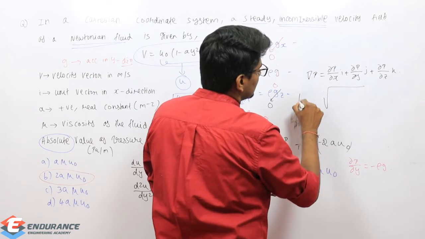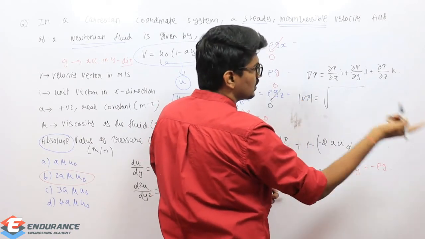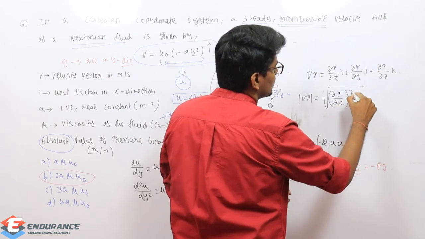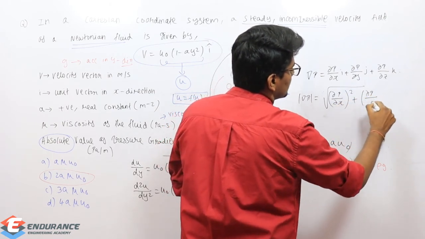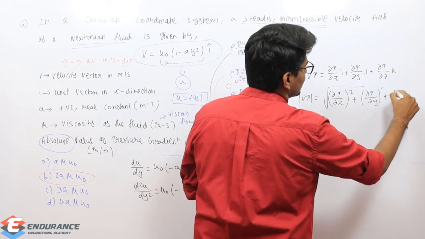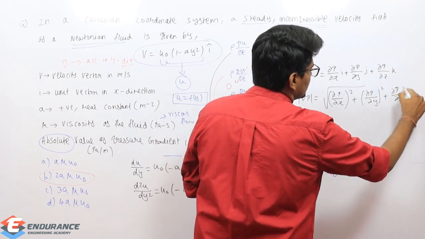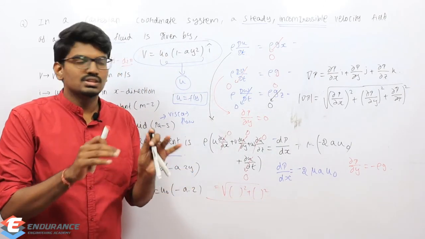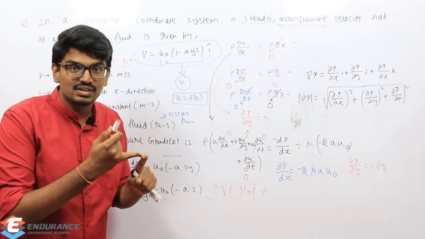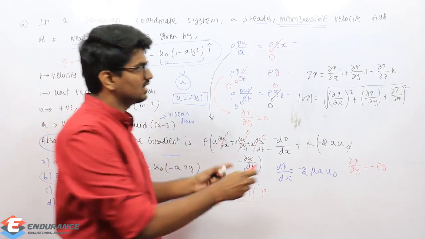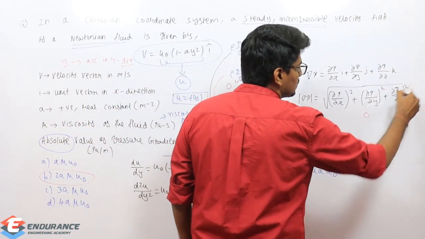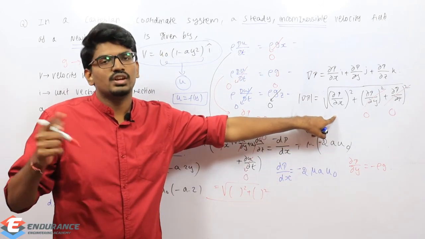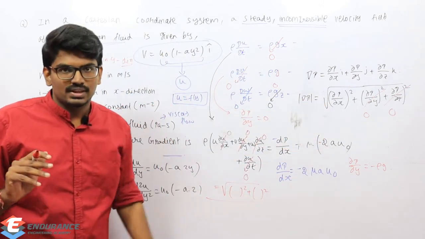Simply, from our basic knowledge of vector algebra, this is not even calculus, dou p by dou x whole square plus dou p by dou y whole square plus dou p by dou z whole square. And in this particular case, they didn't give body force, they didn't give u direction, v direction, w direction velocity. So this has become 0 and this also has become 0. So only we had this. So root of dou p by dou x whole square, so it is dou p by dou x. That's it.